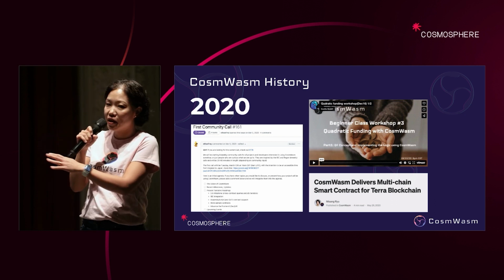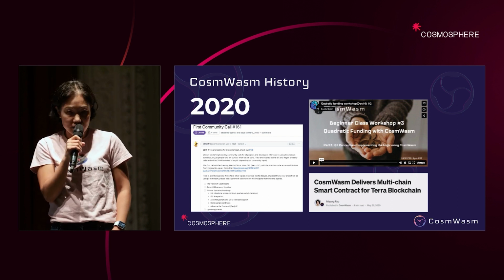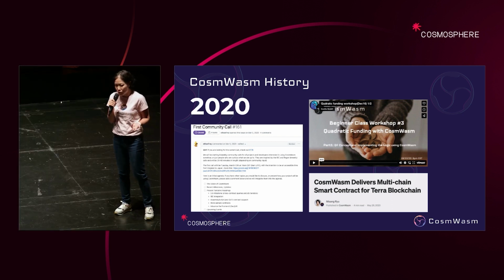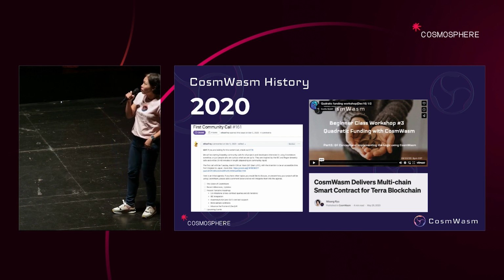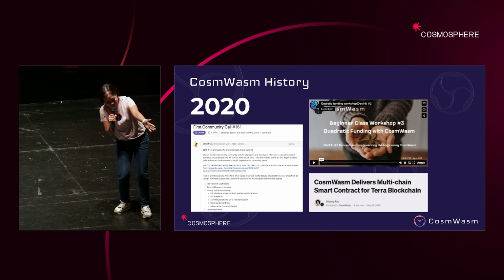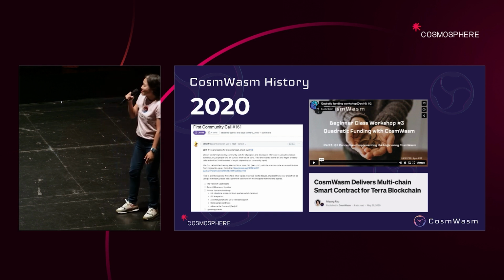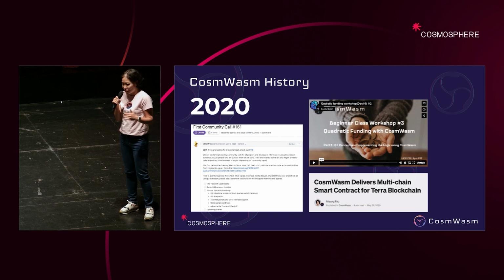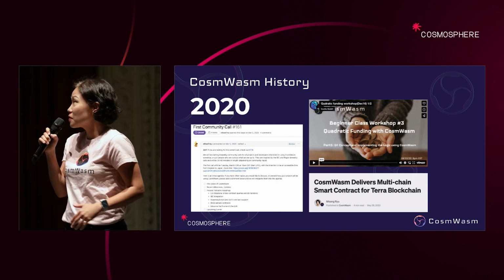And around this time, Interchain Foundation supported us so we could hire more developers to build a foundation for the CosmWasm dev community. And from August this year, we started the DevRel activity with Orkun here. Orkun gave a monthly dev workshop for developers.